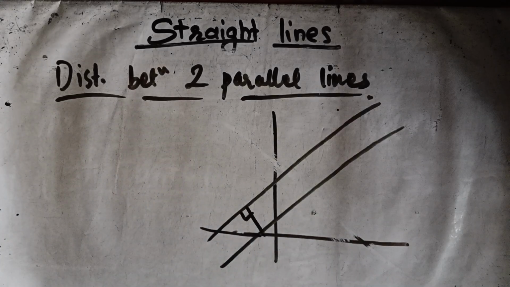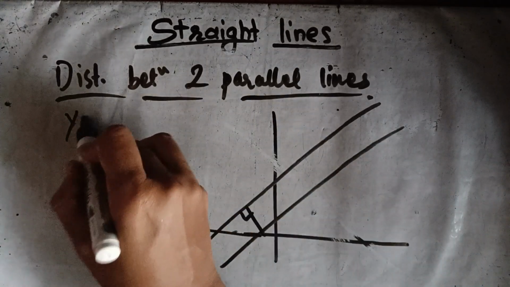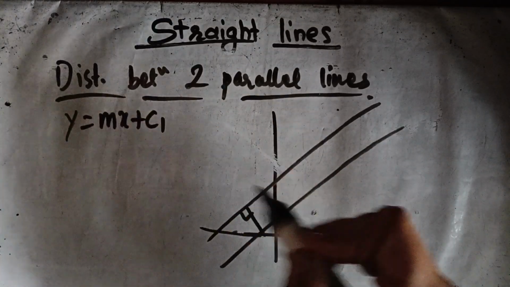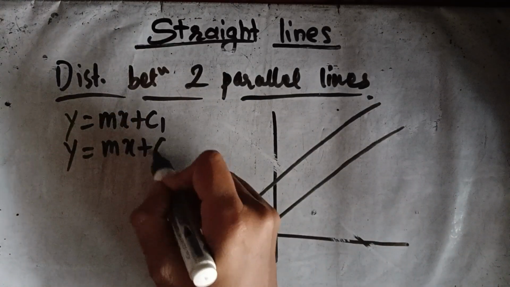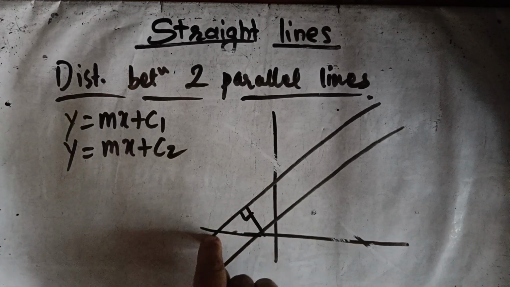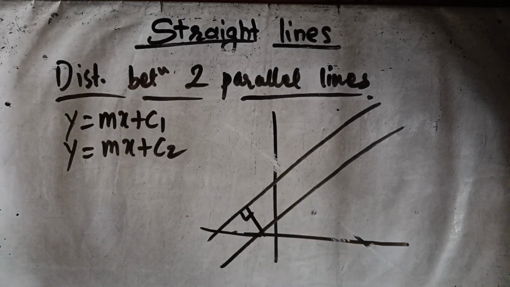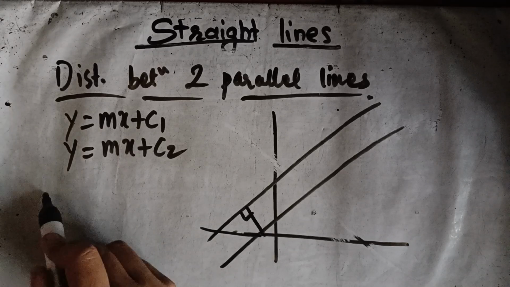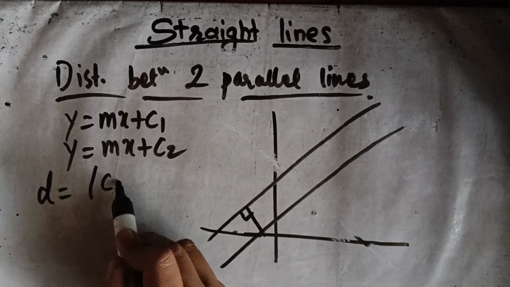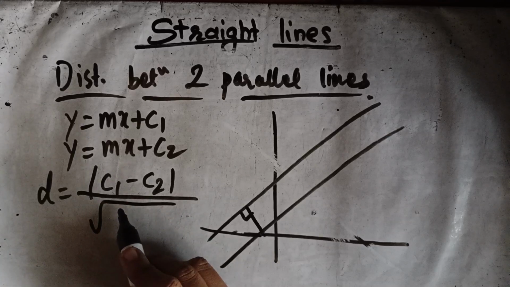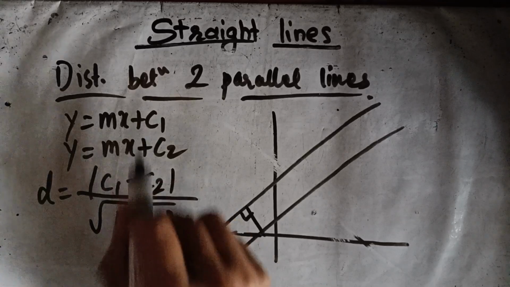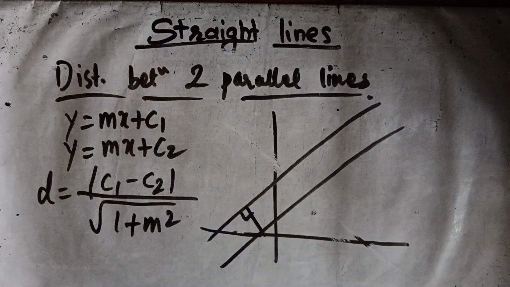The equations of the lines you can write as y equal to mx plus c1. Since both lines are parallel, the slopes are equal. The y-intercepts are different. So we have the distance as d equal to mod of c1 minus c2 upon root of 1 plus m square, if the equations are given in slope-intercept form.